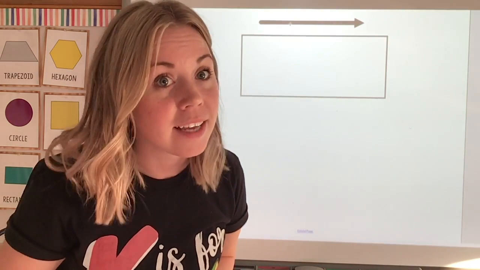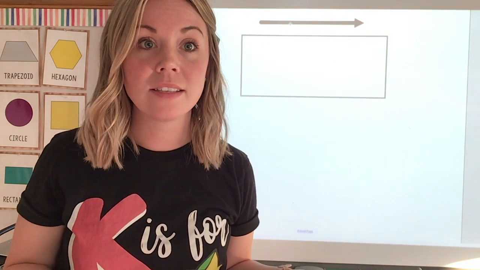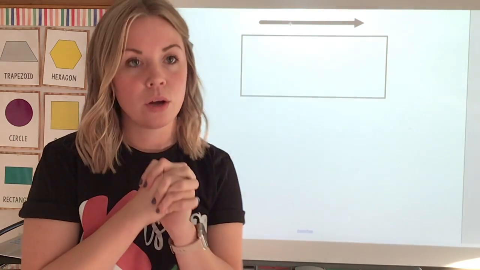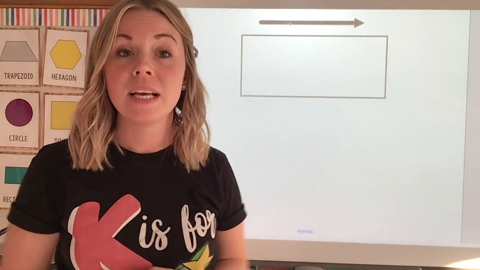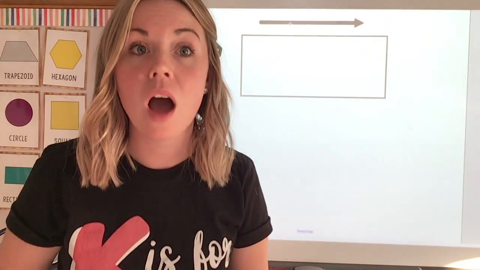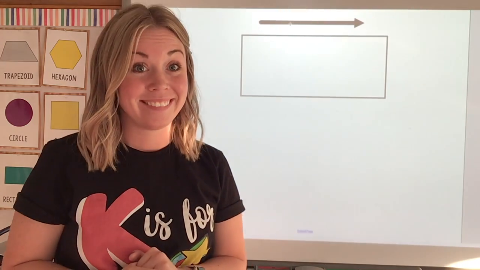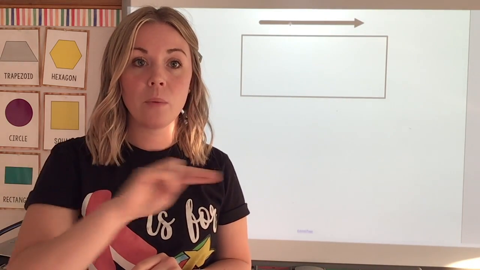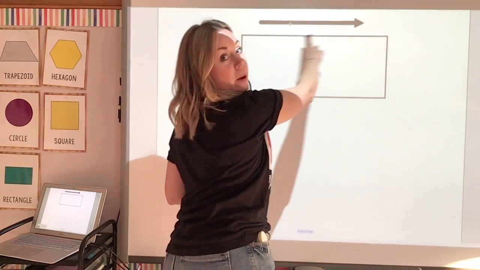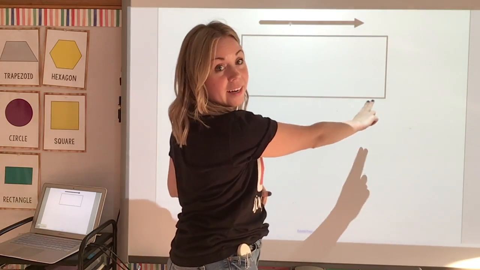What's special about a rectangle, though, is that not all of those sides are the same length. That means that some of them are longer and some of them are shorter. Go ahead and look at that rectangle one more time. See if you can find the 2 sides that are longer on this rectangle. Once you find them, go ahead and trace them with your fingers. Awesome. Are you tracing this one and this one?